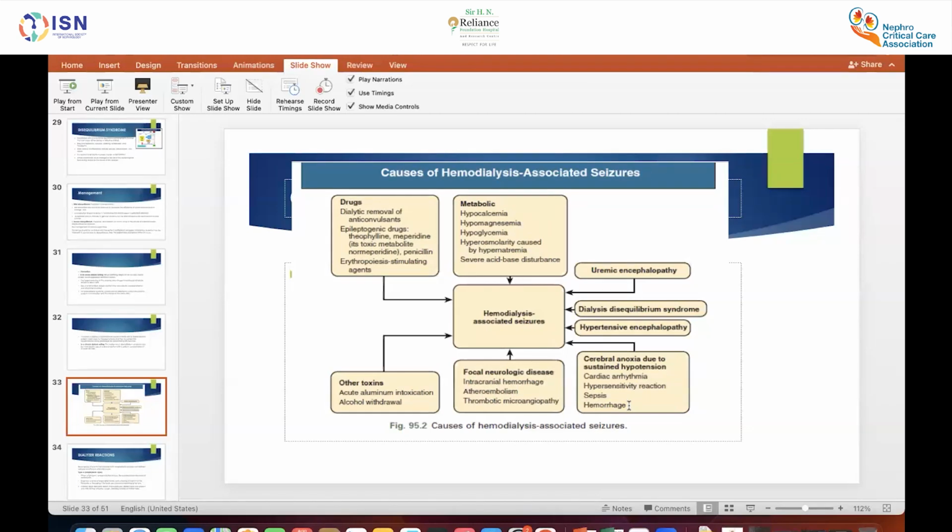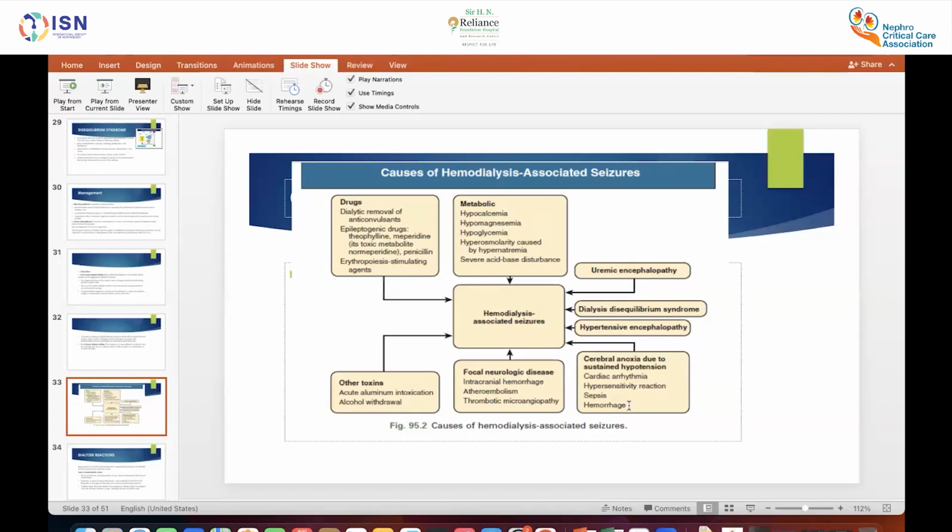What we usually measure is total calcium, which includes both the bound and the ionic fraction. Now, in metabolic acidosis, a conformational change happens in the calcium. It gets bound to the albumin more.